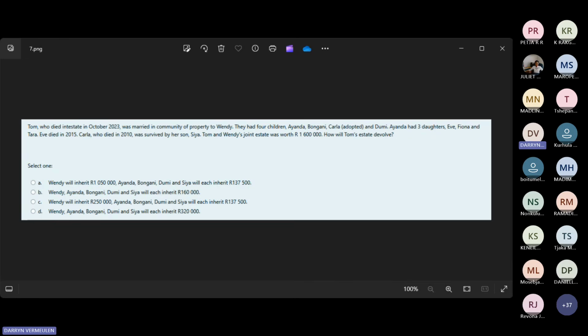So when we're working out what the spouse gets, the 250,000 is the statutory amount. And if the child's portion is less than the statutory amount, then they will get that statutory amount. But if the child's portion was higher than the statutory amount, then the spouse would get the child's portion. So that's why we start with that calculation first. So yeah, you guys are all spot on 100%.